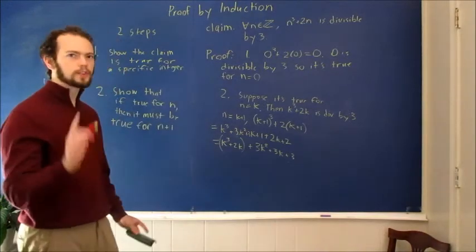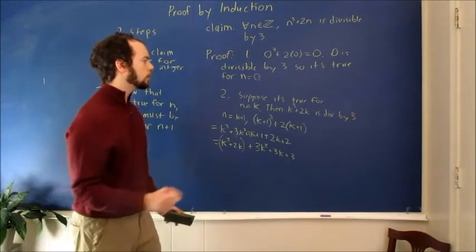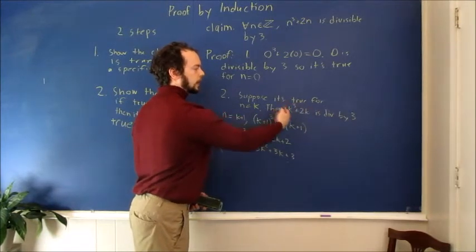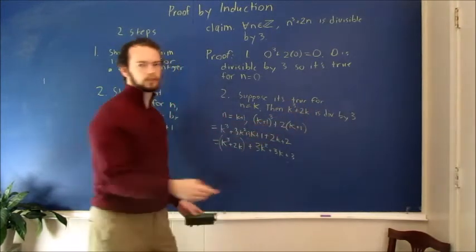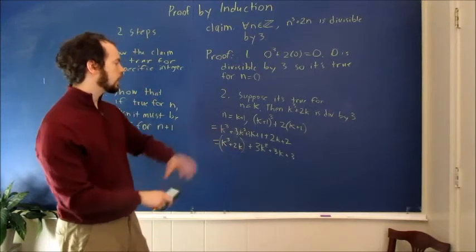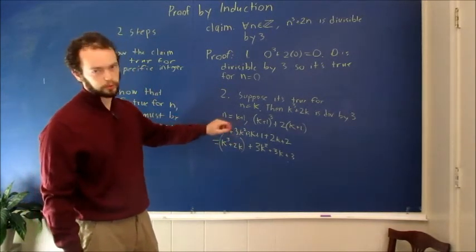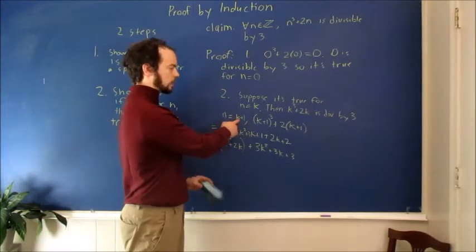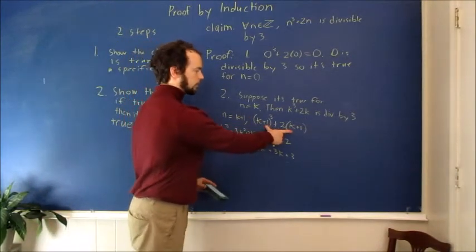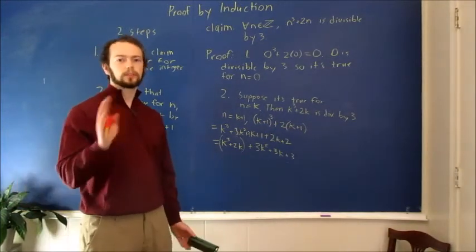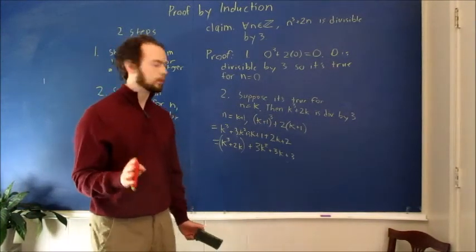So what we just showed is that if this is divisible by 3 for some integer k, then it's also true for k plus 1. This must also be divisible by 3. And so now we've completed both steps of the proof.